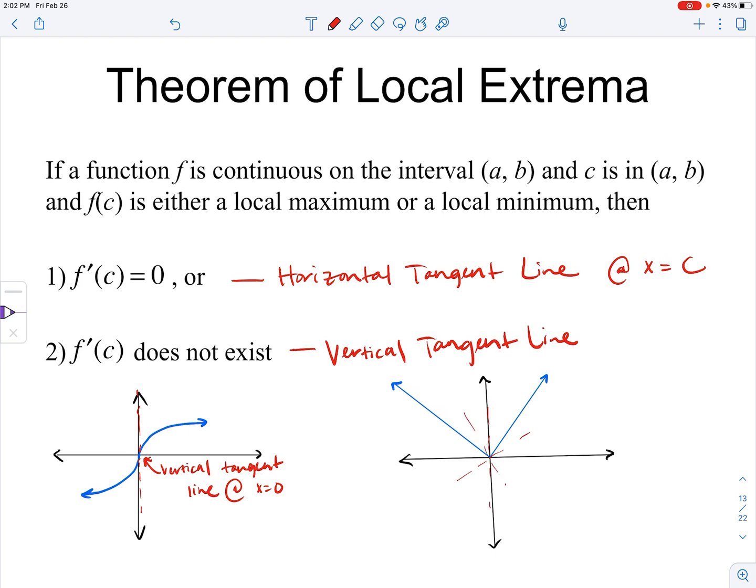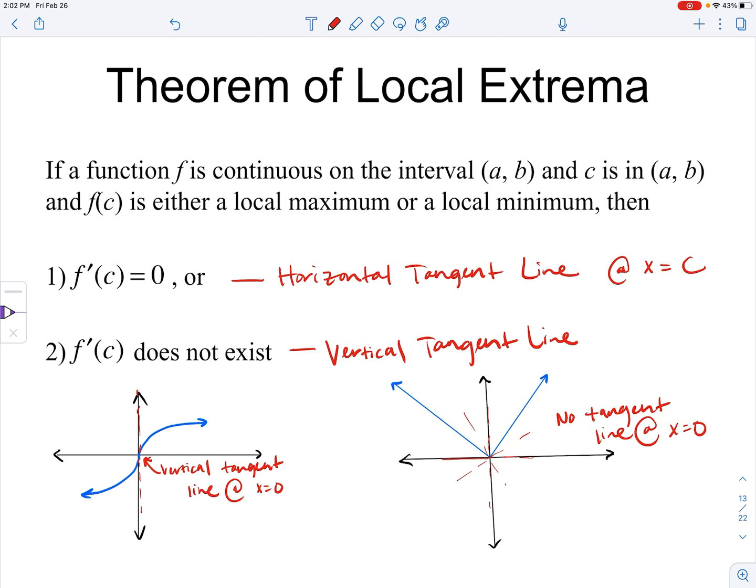Right, where you could draw infinitely many tangent lines. We could think of it as no tangent line at x equals 0. There's not one single tangent line that we could draw.